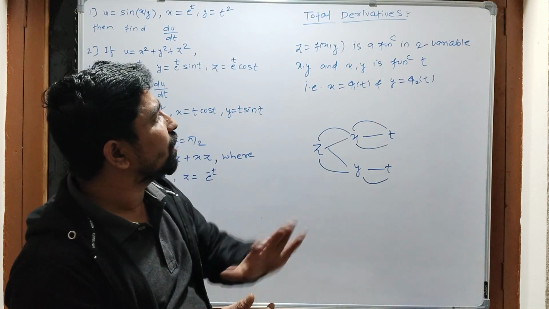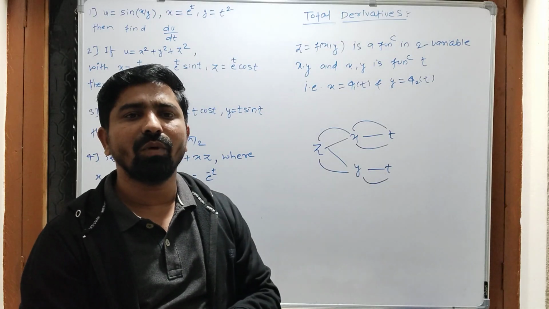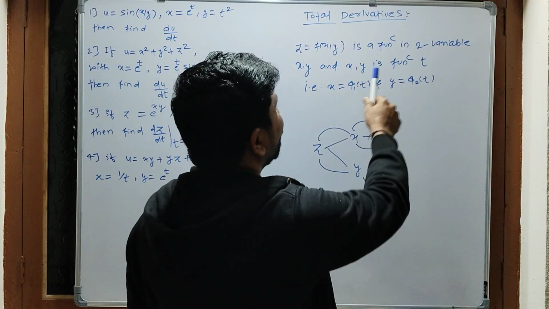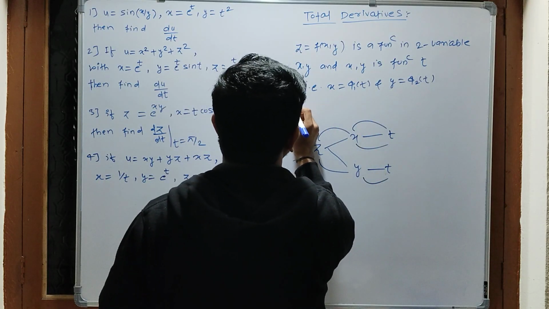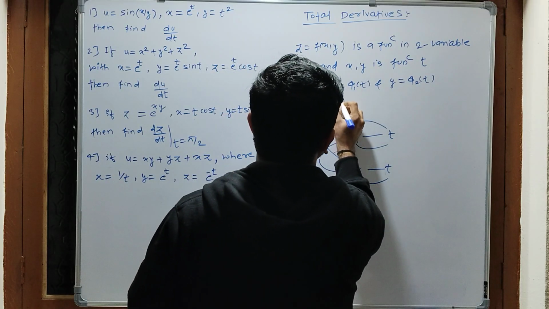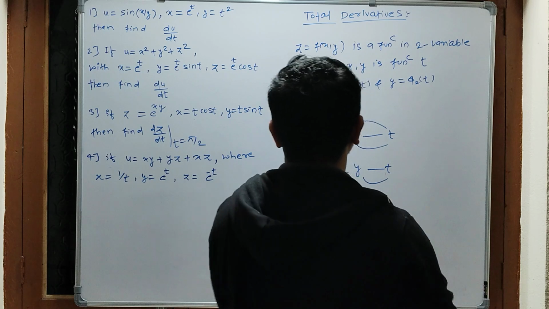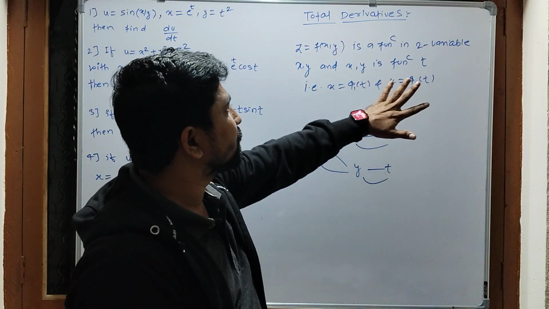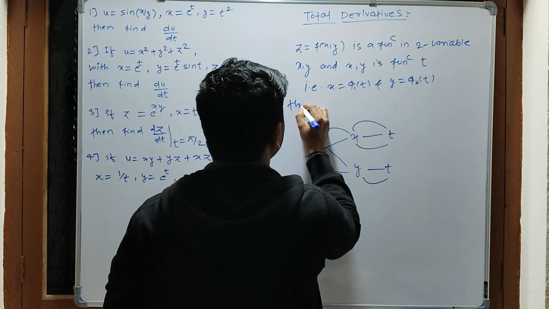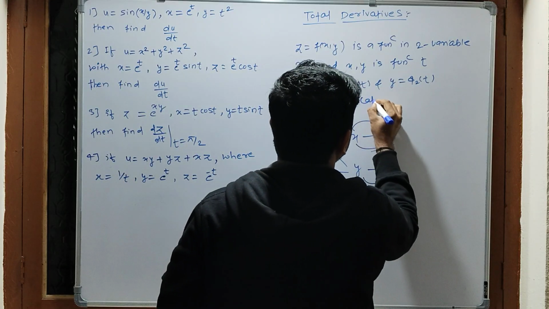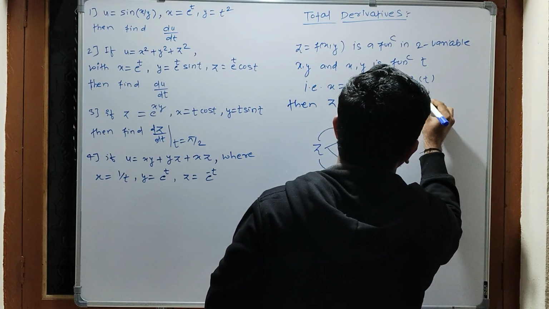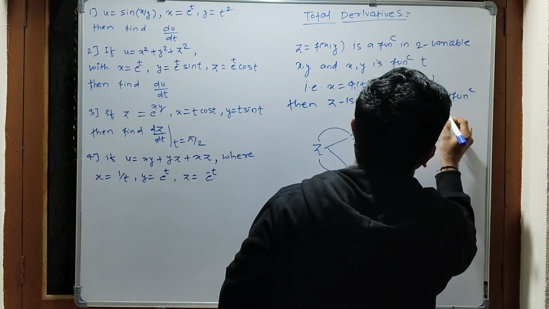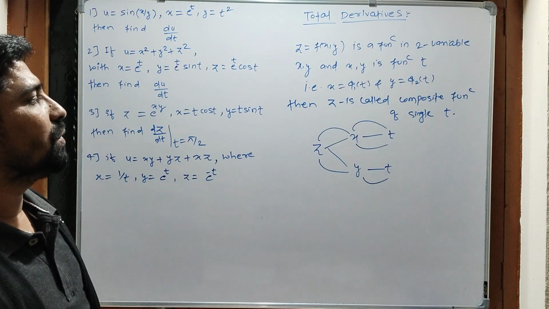Therefore z is called the composite function of the single variable t via x and y. That is, z is a function of two variables x and y, and x and y are functions of the single variable t. Then z is called a composite function of the single variable t.